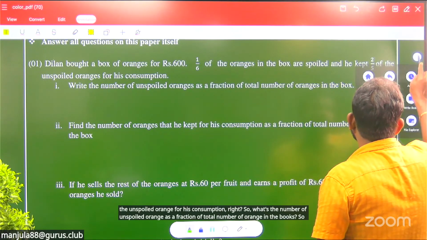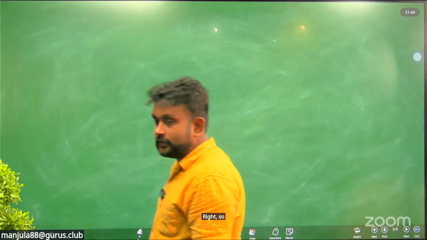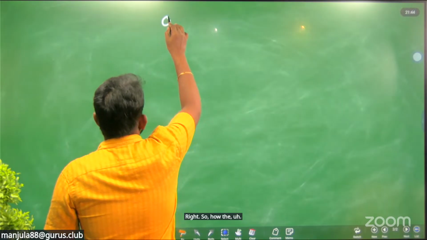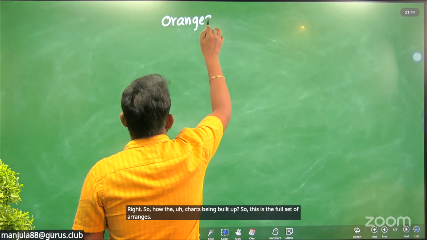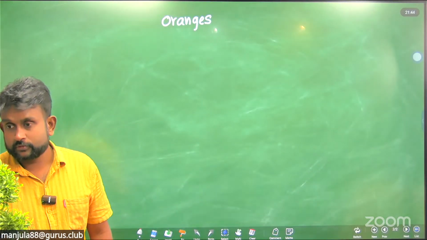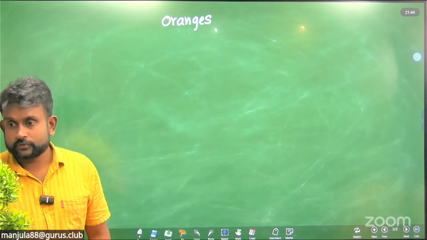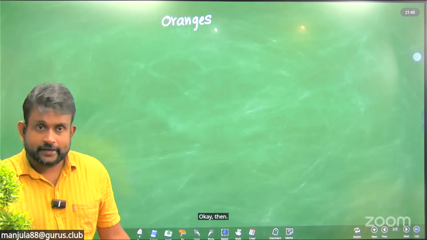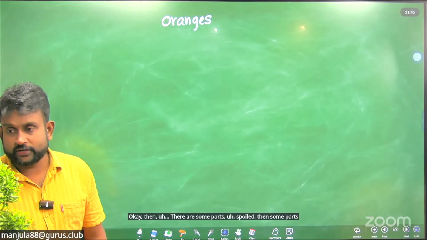So, here you can make a chart even. How is the chart built up? This is the full set of oranges. Then some parts are spoiled, and some parts are not spoiled.